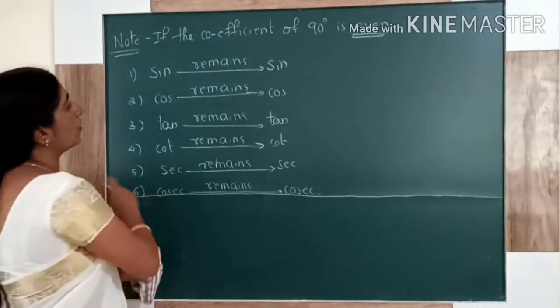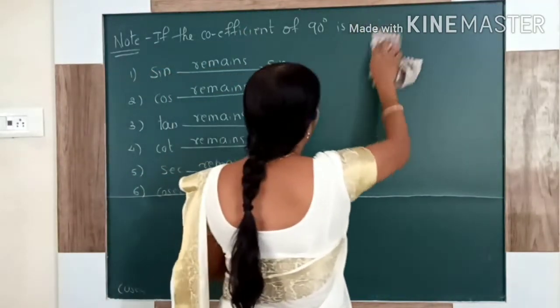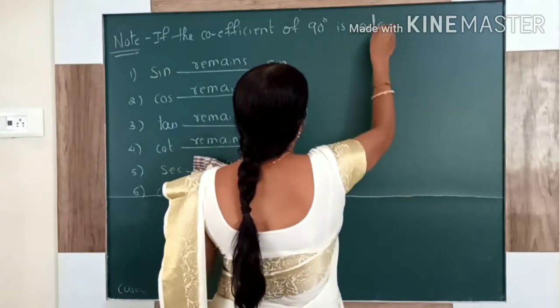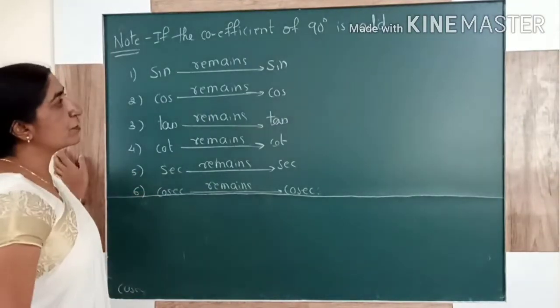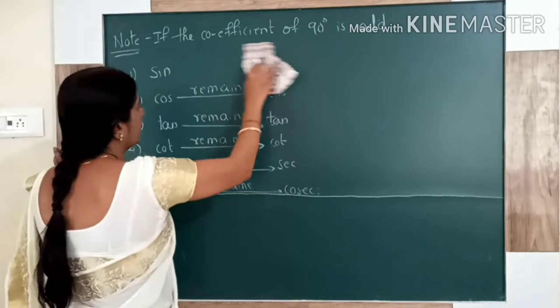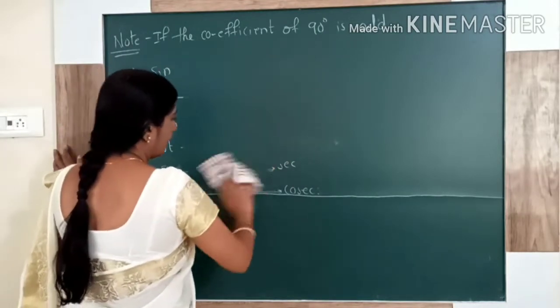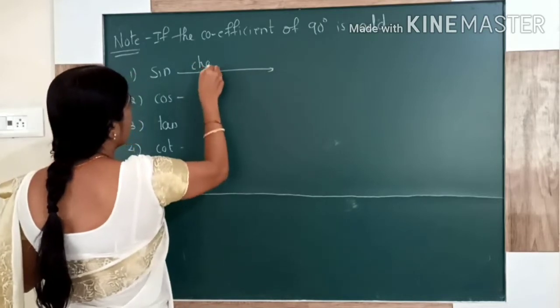And the second note, if the coefficient of 90° is odd, underline it. I am giving you the time, just go on writing. If the coefficient of 90° is odd, then the trigonometric term changes.